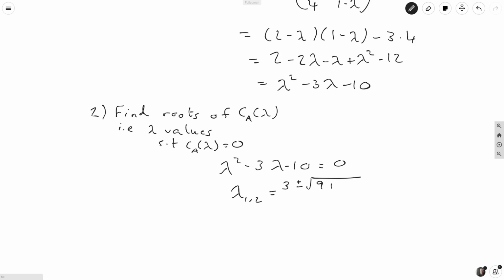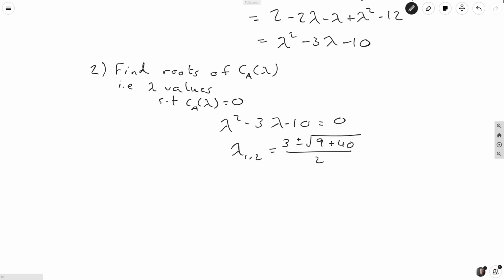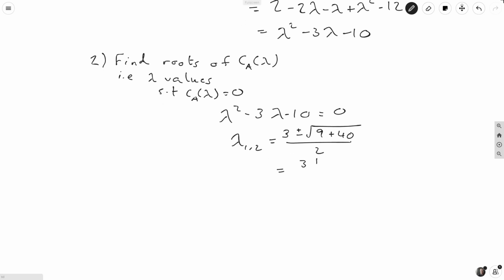AC here is minus 10, so it's plus 40, all over 2. So this is equal to 3 plus or minus 7 over 2. So it's equal to 5 or minus 2.